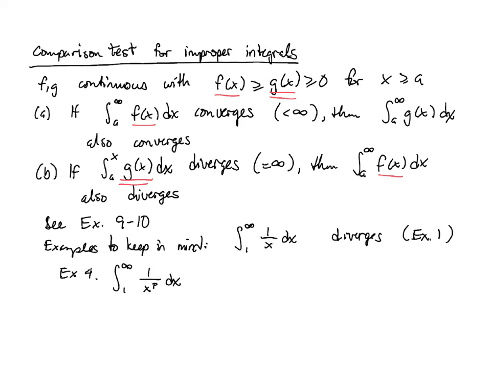Here p is some number, and this converges whenever p is greater than 1, and it diverges whenever p is less than or equal to 1. Okay. And the third example is the first one that we did earlier, that the integral from 0 to infinity of e to the minus x dx also converges.